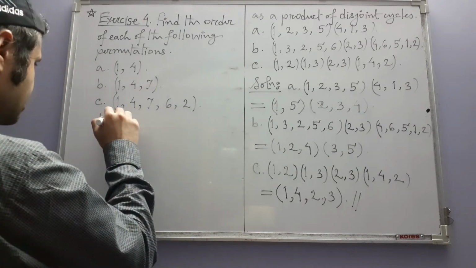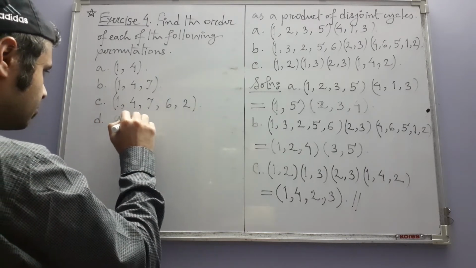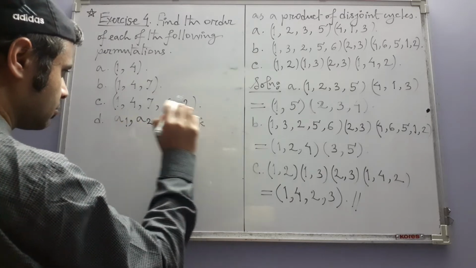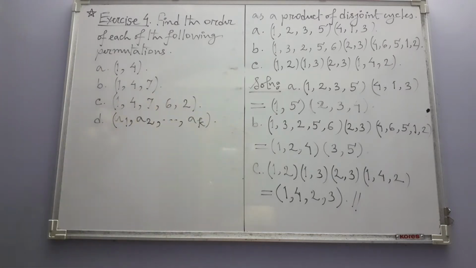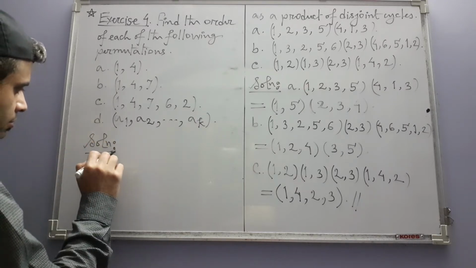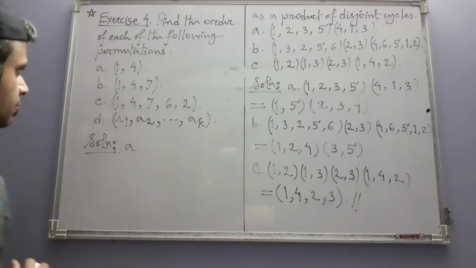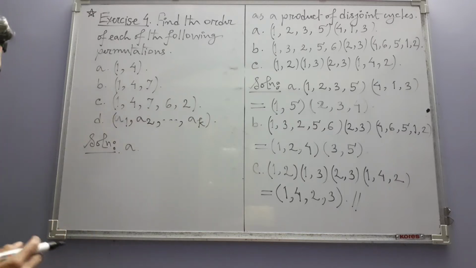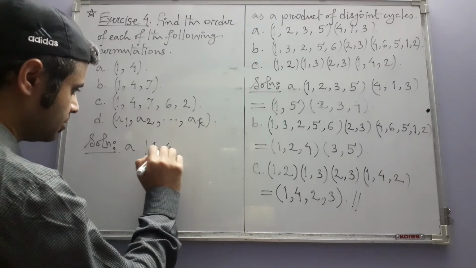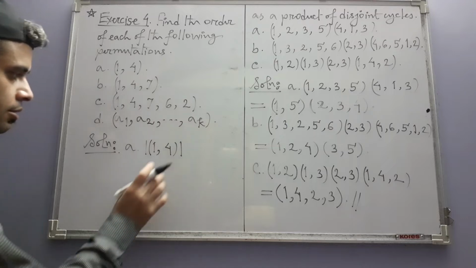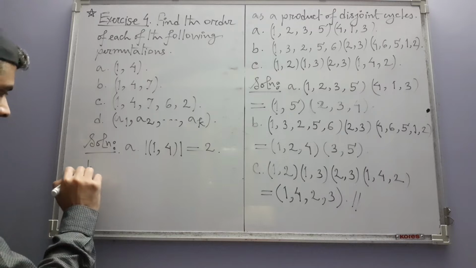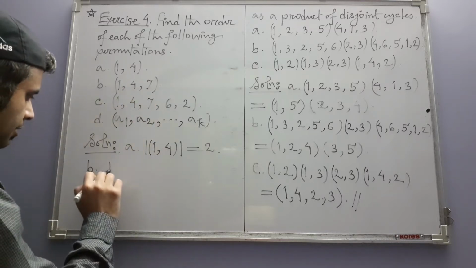and the last one, this one is general. A, K. So it's a 2 cycle, so its order is 2. According to the notation that is being used in this book, this denotes the order of this element. So this is 2. Then in the third one we have a 3 cycle.